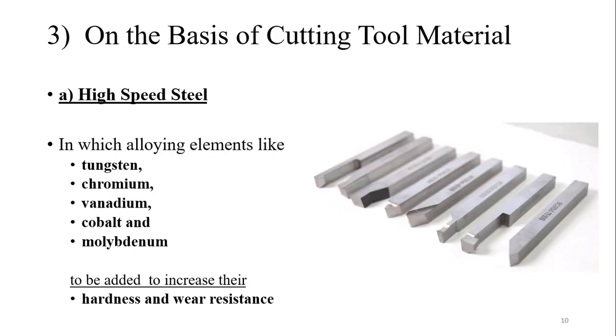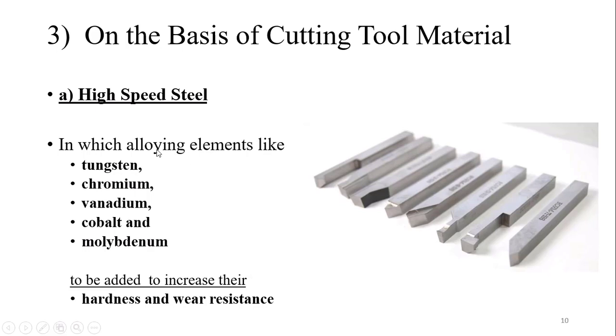Then the third classification is on the basis of cutting tool material, meaning what type of material your cutting tool is made of. The first, which is very, very common, which is used in very small, very local industries, is high speed steel. These are very low cost, but they have their own limitations, like hardness has to be added to increase the hardness and wear resistance.